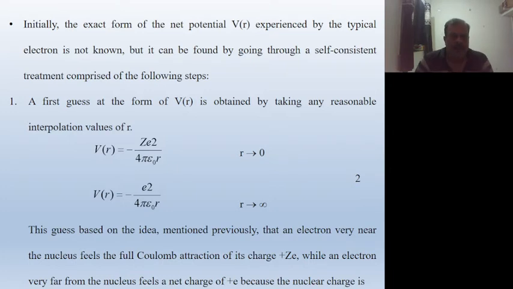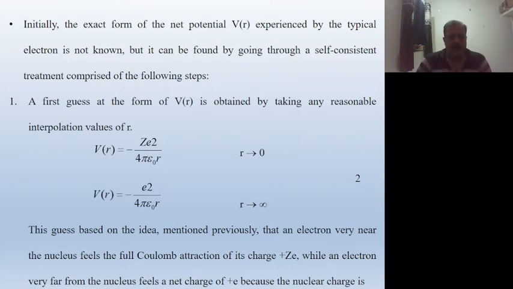Initially, the exact form of the net potential V of r experienced by the typical electron is not known, but it can be found by going through a self-consistent treatment comprised of the following steps. First, a first guess at the form of V of r is obtained by taking any reasonable interpolation of values of r.